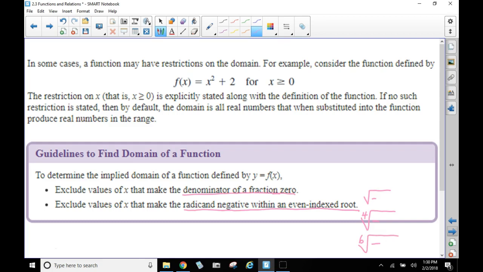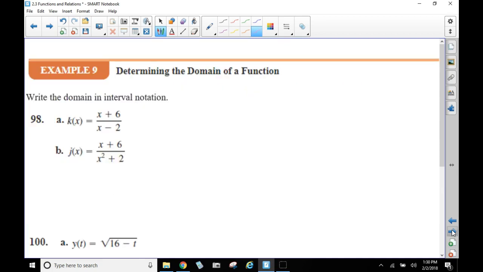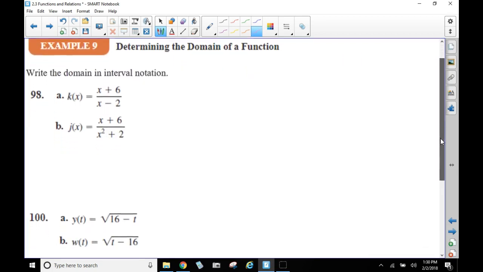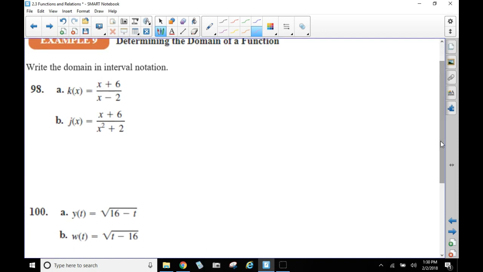We're going to exclude values that would make that happen, right? So on example 9, it says write the domain in interval notation. They don't say domain and range because the range is a little bit more difficult to find. We'll be exploring a way to do that a little bit later on in chapter 2.